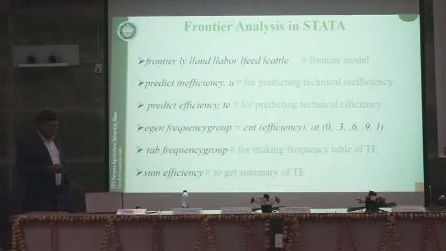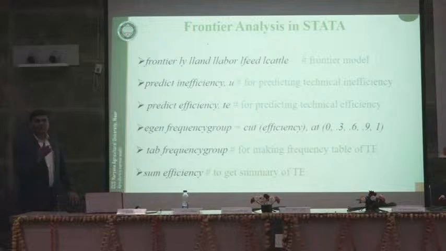Then how many farmers have 0 to 0.3 efficiency? And how many farmers have 0.3 to 0.6, or you can say up to 60% efficiency?